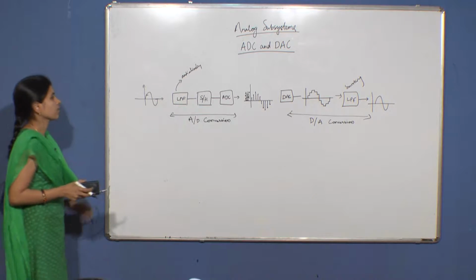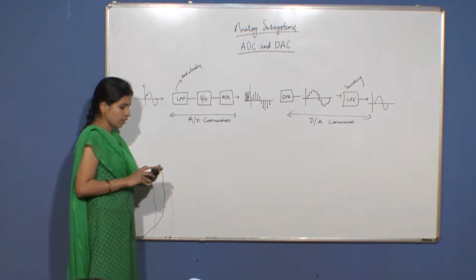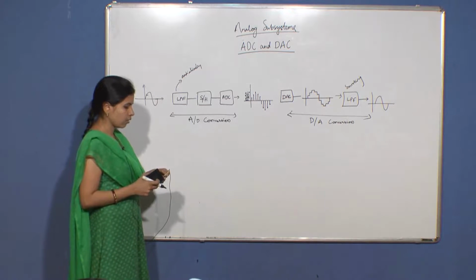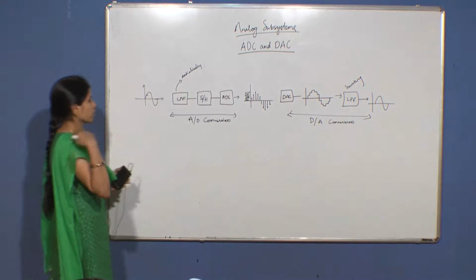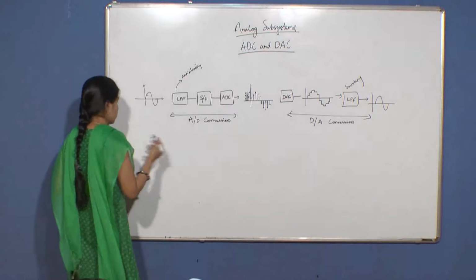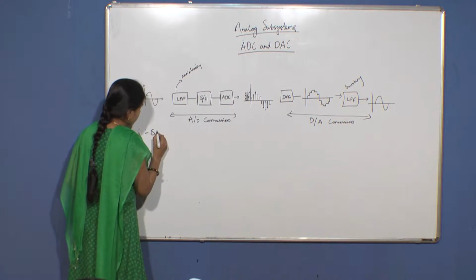So, let us first discuss the basic terms or the specifications of analog to digital and digital to analog conversion. So, a few terms. Let us first discuss what is LSB.